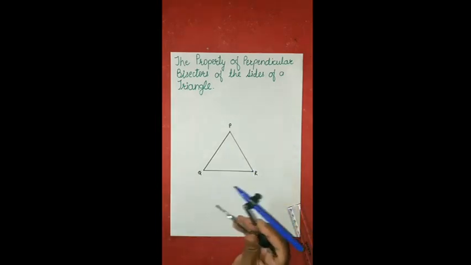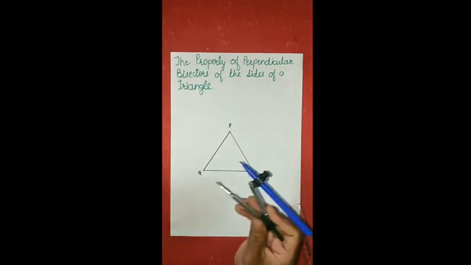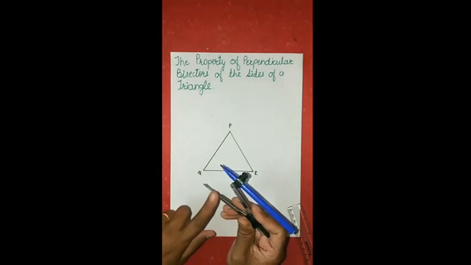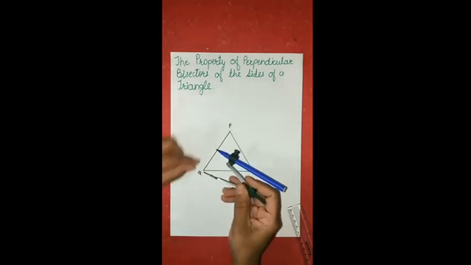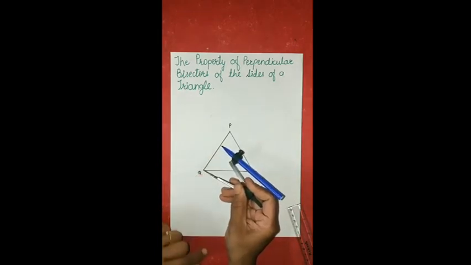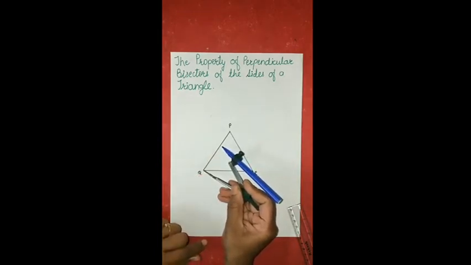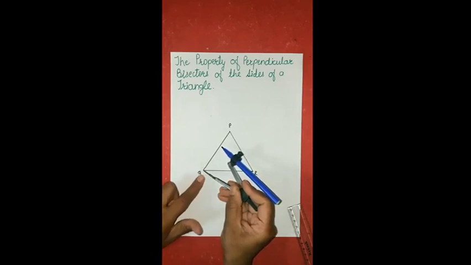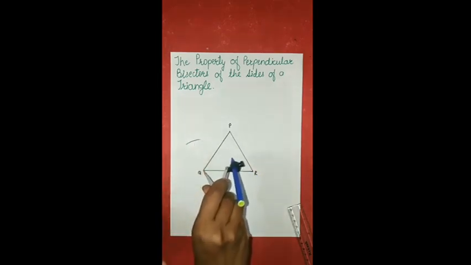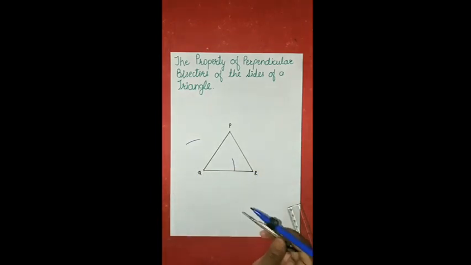Now to draw the perpendicular bisector of segment PQ, we have to adjust the measure of the compass more than half the length of the given segment. Now if you will see, we will adjust it more than half. Are you all able to see? Now put the needle end on one vertex. Give one arc on this side and another on the other side of the segment PQ.